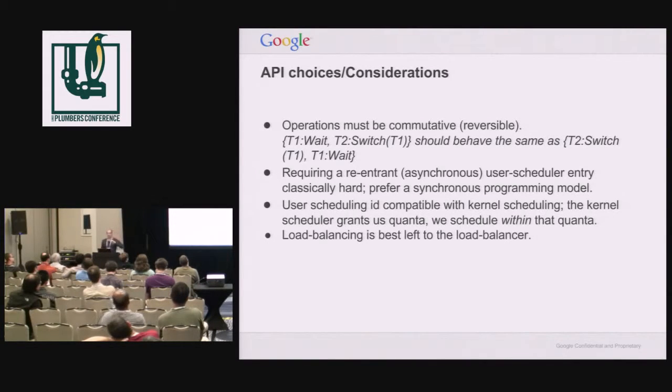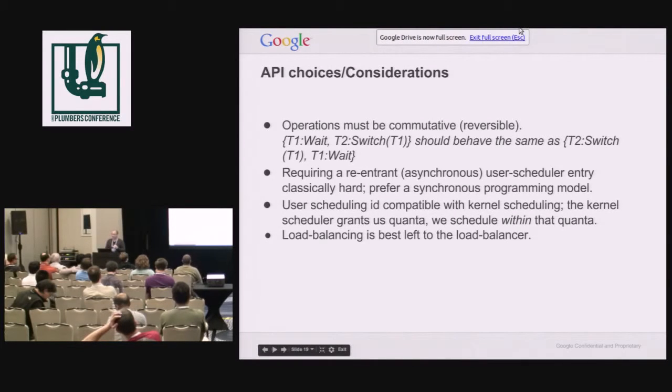Suppose I mark a thread blocked, and I put it into a wait state, and some other thread wants to go, OK, I'm going to run that blocked thread and switch to it. You don't know that you didn't get really unlucky, and right after you marked it as blocked in user space, you got preempted and haven't actually issued that syscall yet. So by making them commutable, you make that case work much more nicely.